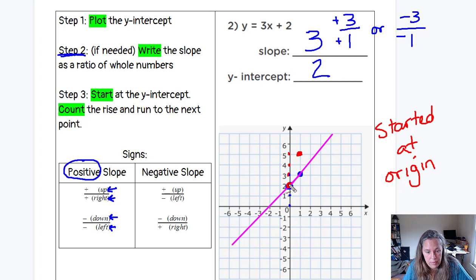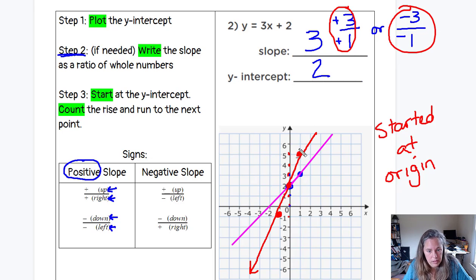You can also see if I went down 3, 1, 2, 3, and left 1, it falls on the same line. So that's a way to help you catch your mistakes. If you do both versions, the up and right and the down and left, it will help you catch your mistake.